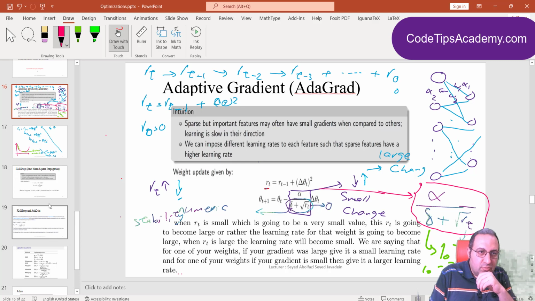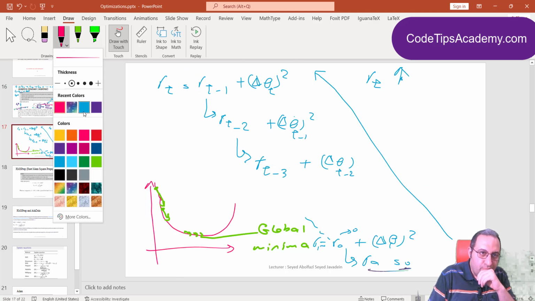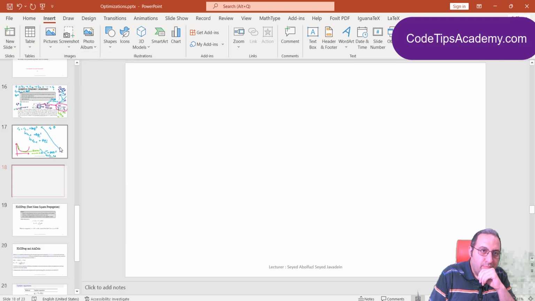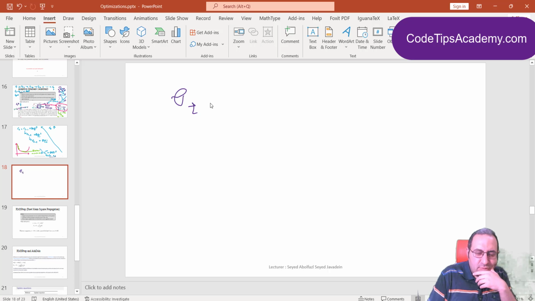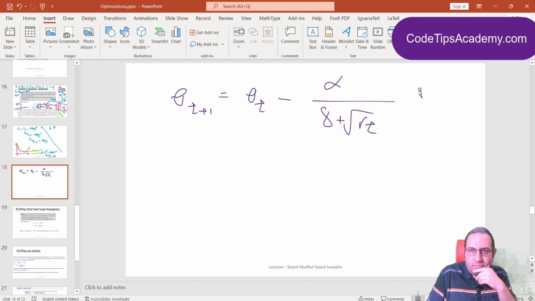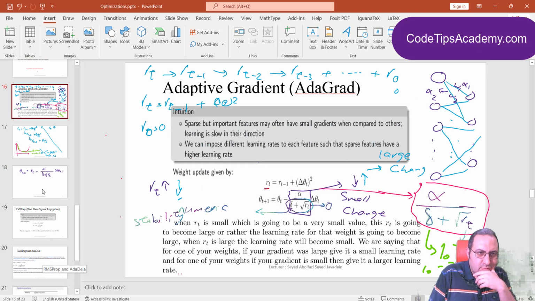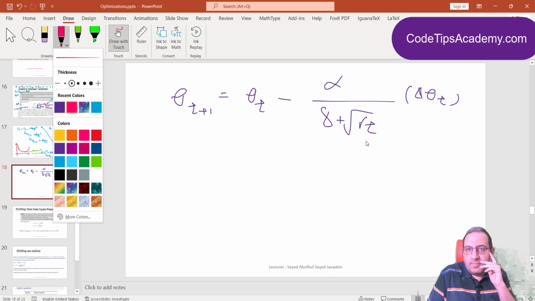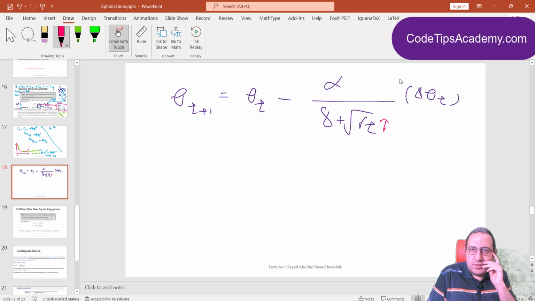This means that in this formula, when we go closer to the global minimum, RT will be larger, and larger RT means that this division will be smaller.